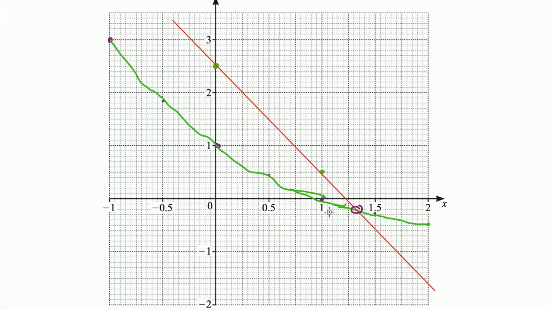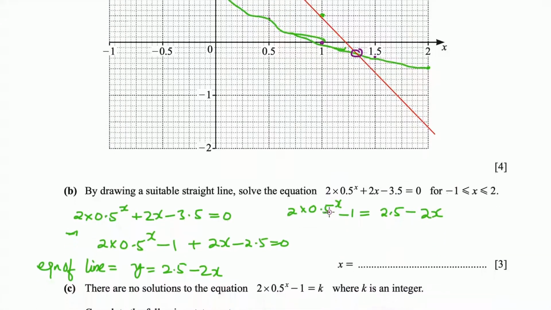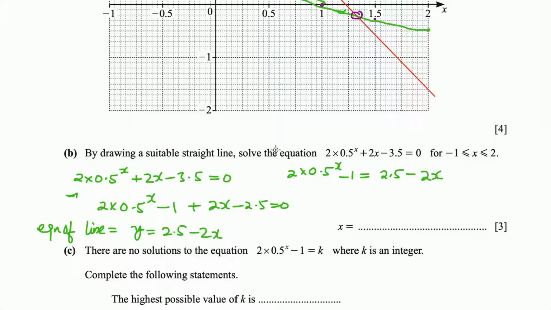So in our case, this is equal to 1.3 something. So the value of x where they are joining is 1.325 because it is in the middle. I am taking its value as in between 1.3 and 1.35. So it will be 1.325. So that is the answer.